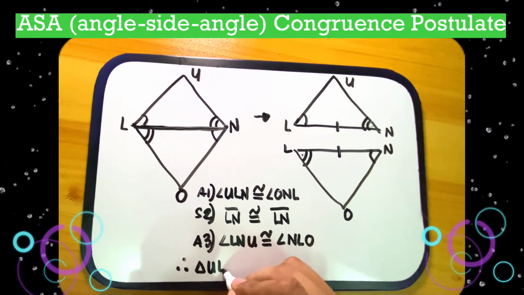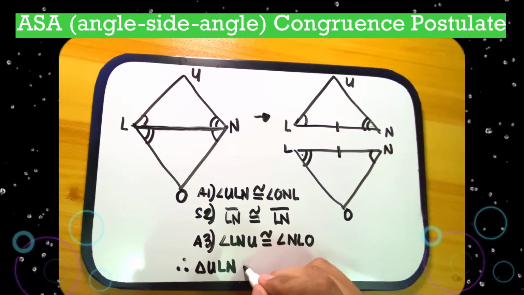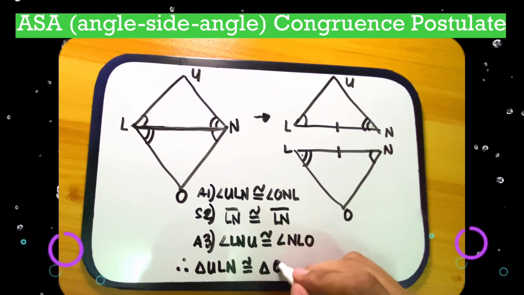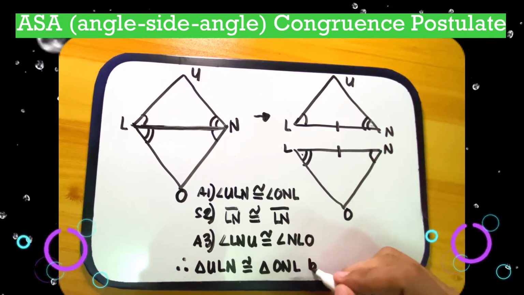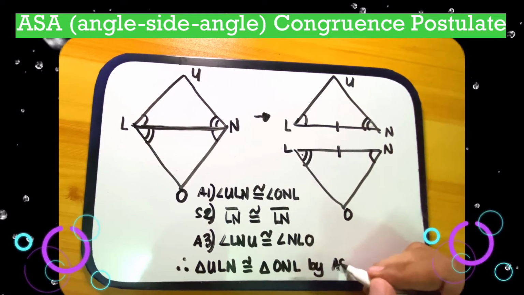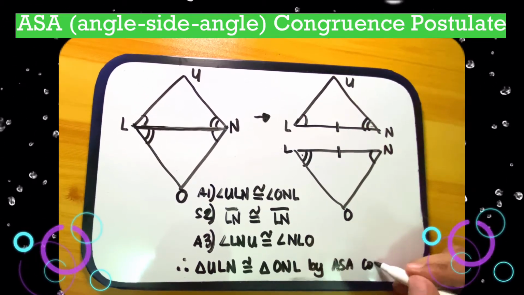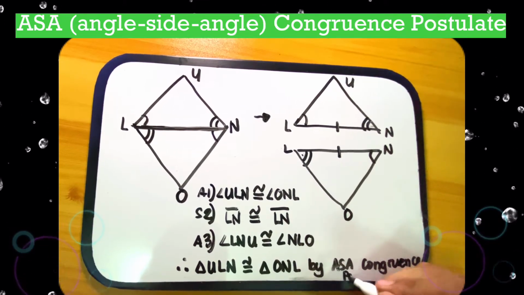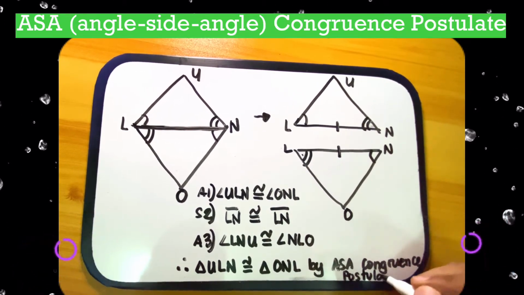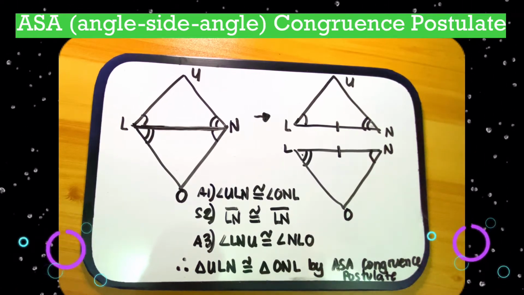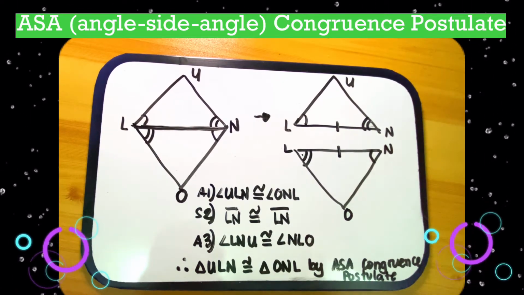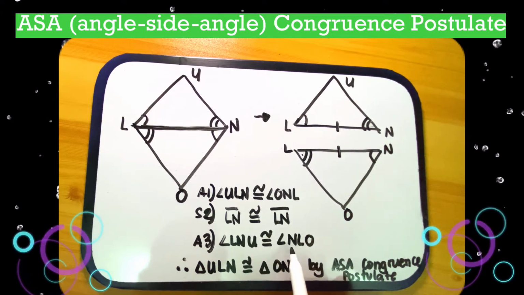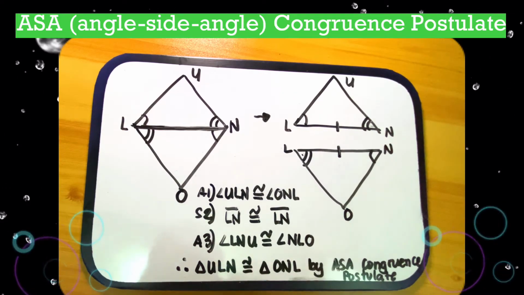So triangle ULN is congruent to triangle ONL by ASA congruence postulate. Okay, that's the correct statement. Or you can choose triangle LNU congruent to triangle NLO. That's still correct.